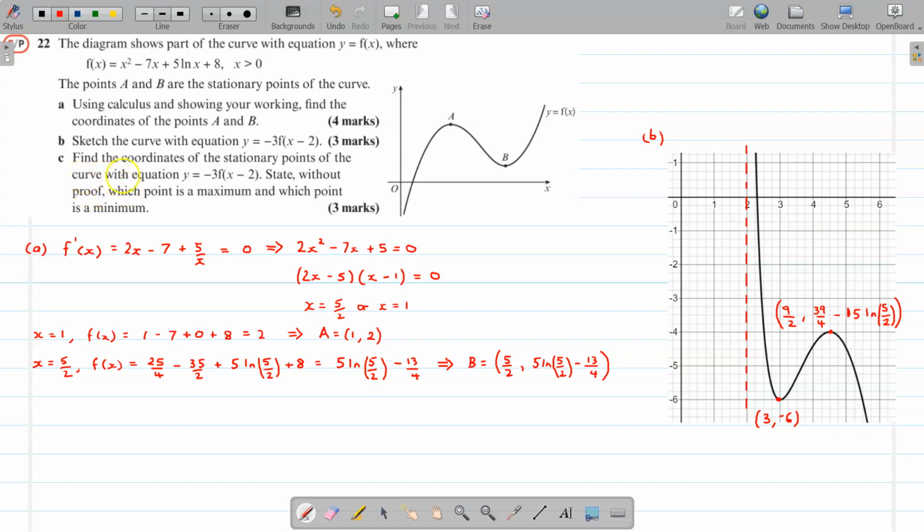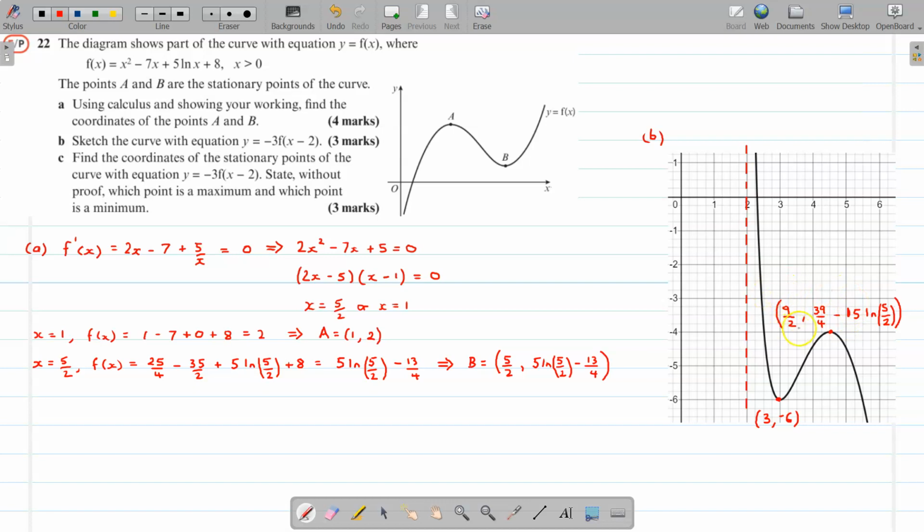And it just says find the coordinates of the stationary points of that. Without proof, I just had to state which point is a maximum and which point is a minimum. Well, it's from the graph, and it's pretty obvious that B is now a maximum.